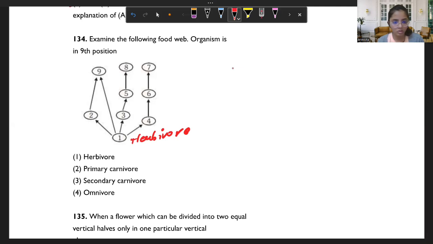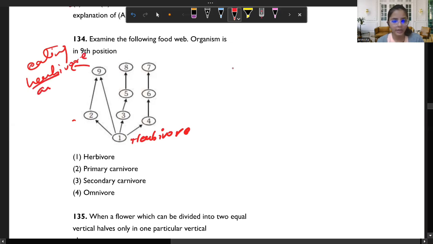So ninth organism basically is eating a herbivore and a carnivore, which means it's an omnivore. So answer would be fourth option.